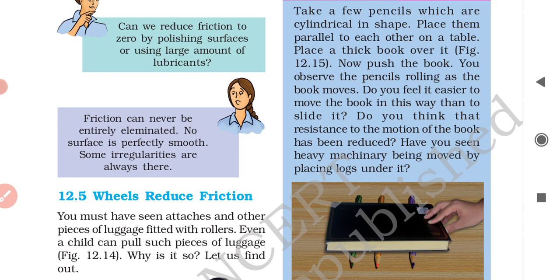The heavy machines and heavy loads are moved from one place to another by trucks and vehicles, and those vehicles have wheels under them. So it is easy to move a heavy load by placing wheels under it. Clear?